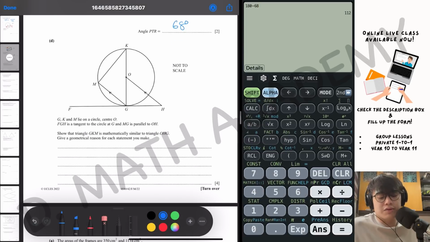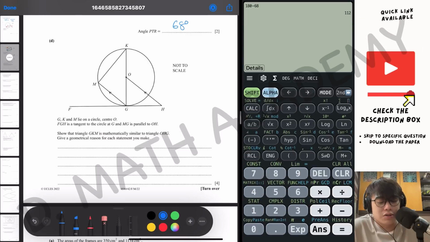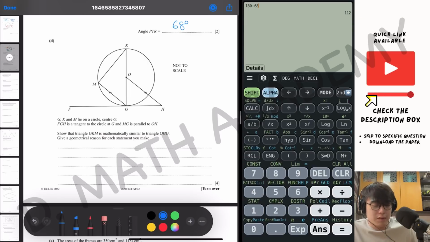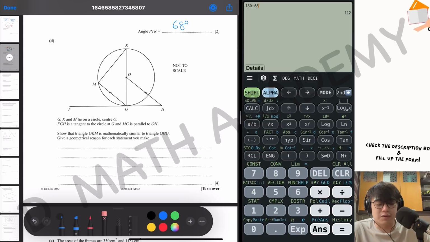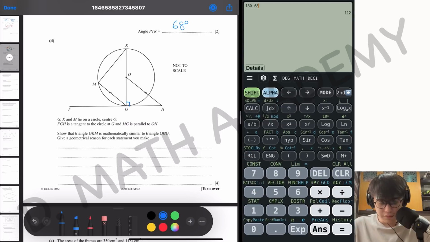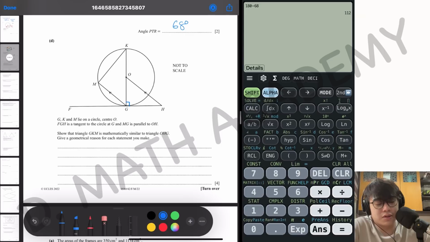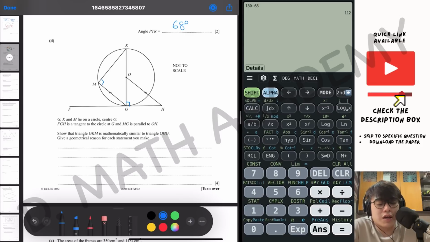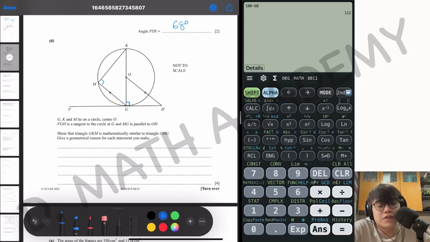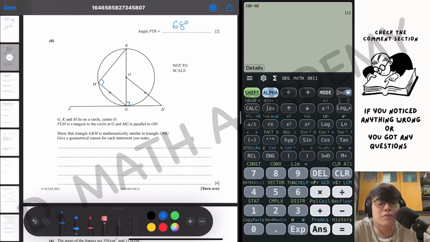G, K, and M lie on the circle, with center O. FGH is a tangent, so they told us this. And since there was a radius there, we can say that this here is 90 degrees. The other thing I noticed was that KMG is also 90 degrees, because you can use the alternate segment theorem, or you can mention that angle from the diameter will form 90 degrees.